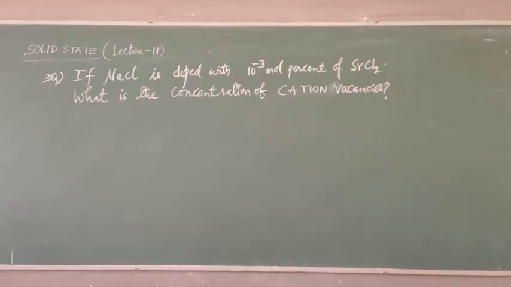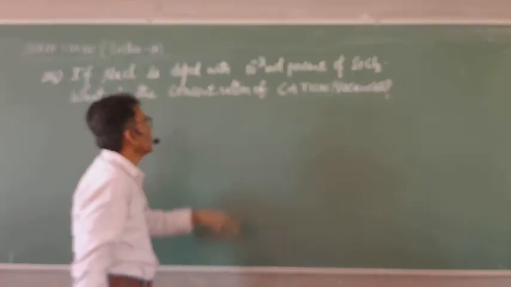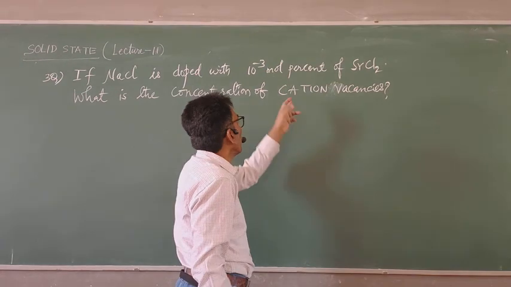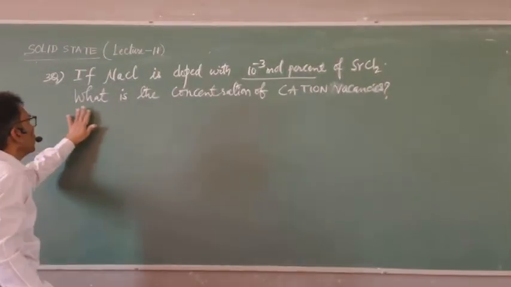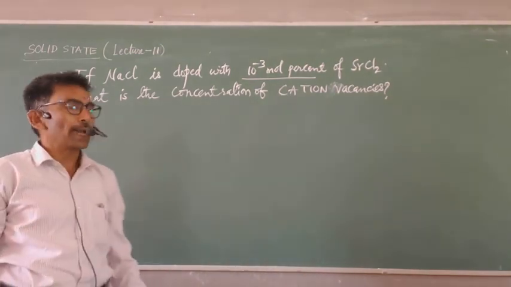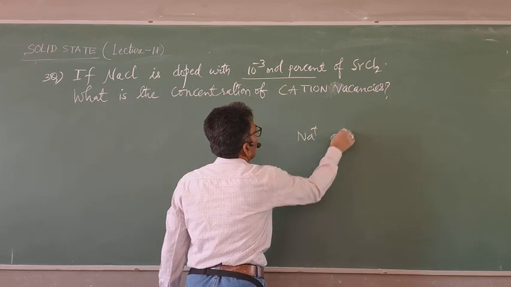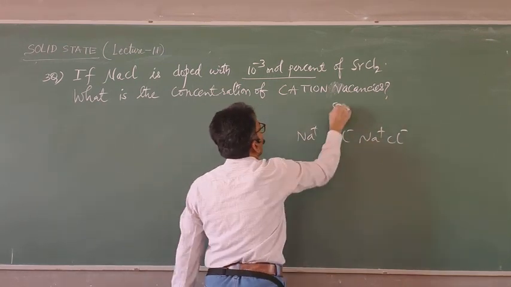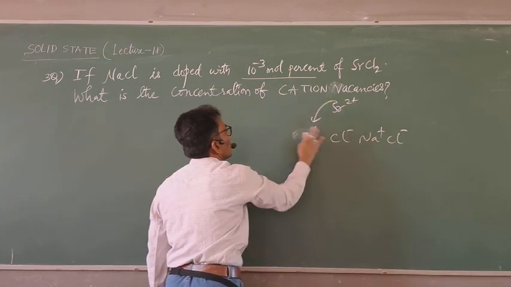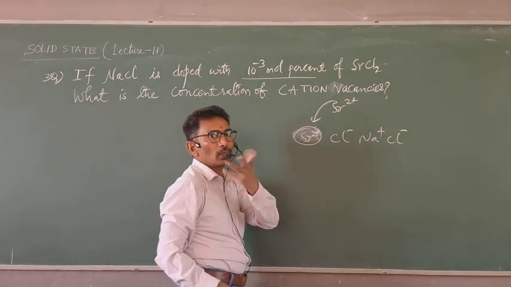To conclude this video, this is another problem for you. If NaCl is doped with 10 to the power minus 3 mole percent of strontium chloride, what is the concentration of cation vacancies? Yes, NaCl, Na+ Cl-, Na+ Cl-. Correct? Sr2+ is coming, so one vacancy is created, Sr2+ is occupied, but electrical neutrality is disturbed.